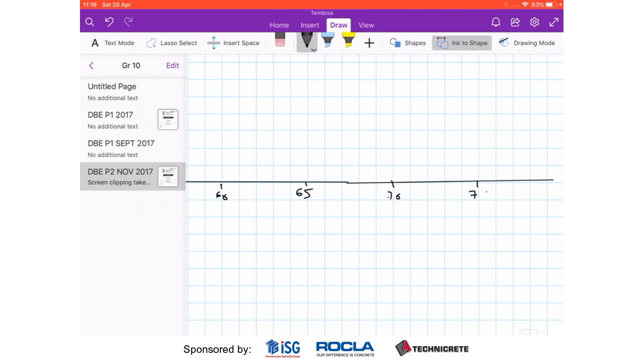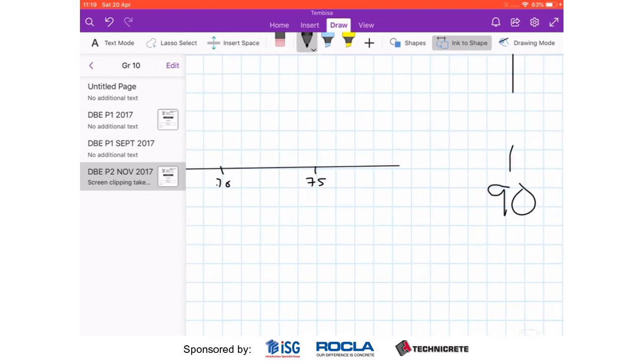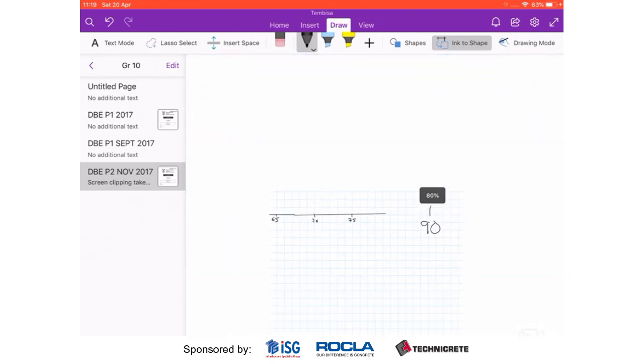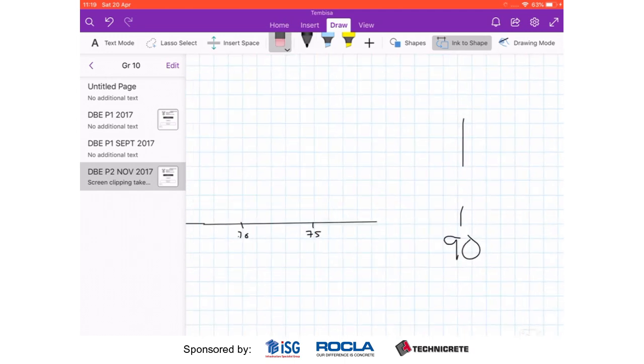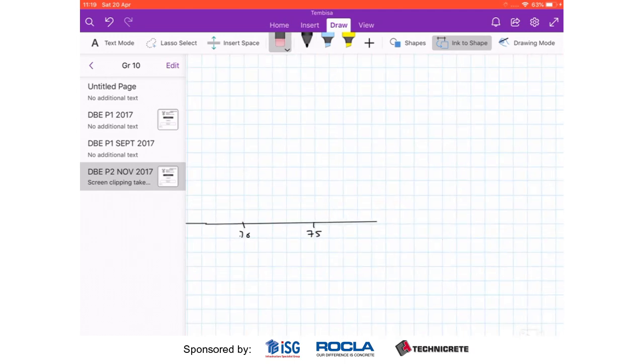While I'm doing this, I hope you're also drawing your own box and whisker. Okay, that should be sufficient. 1, 2, 3, 4, 5, 80, 1, 2, 3, 4, 5, 85, 1, 2, 3, 4, 5.